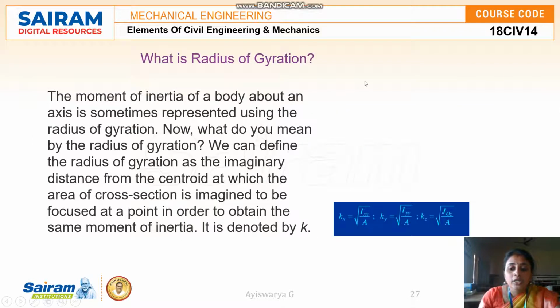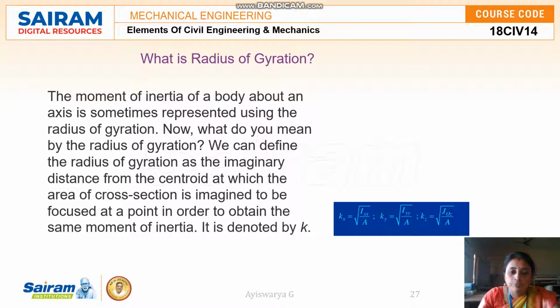A very important topic to be known before doing the moment of inertia is radius of gyration. Consider any plane figure at a distance of k from the reference axis. Always in moment of inertia, you have to consider a reference axis, a reference x-axis and reference y-axis, whatever the object may be.